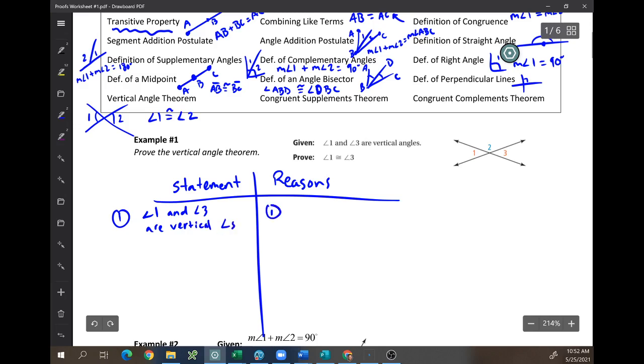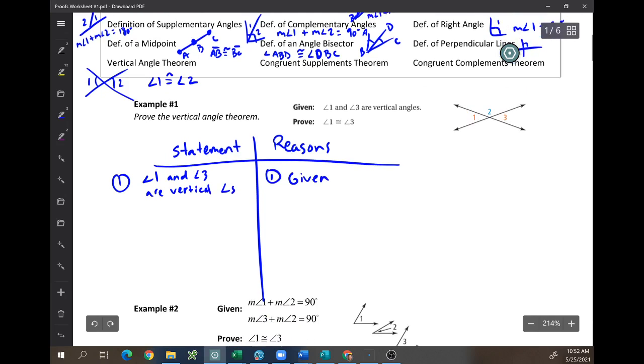Okay, so my reason for this is that it was given. Okay, so then next I could say that angles 1 and angle 2 form a linear pair.